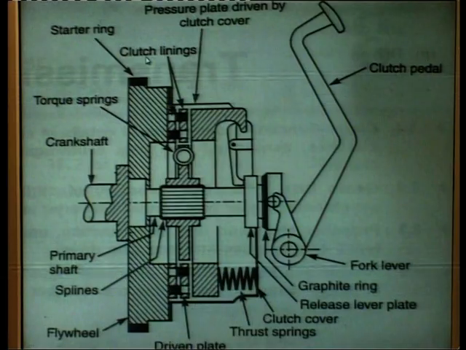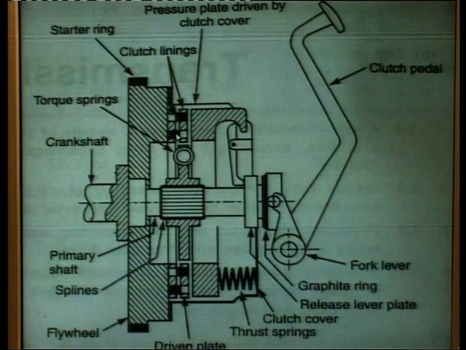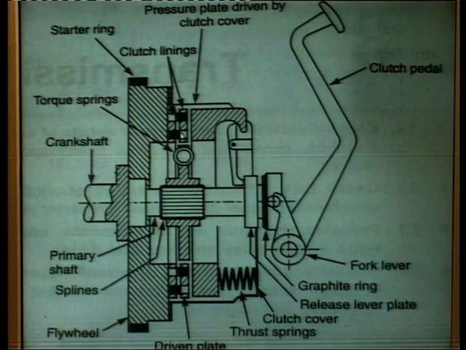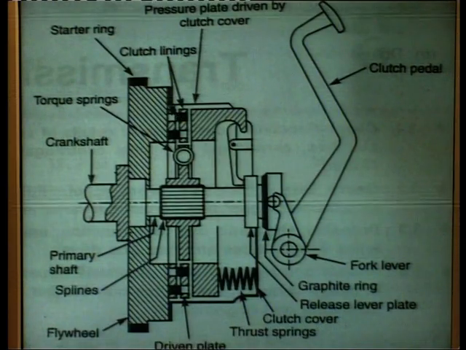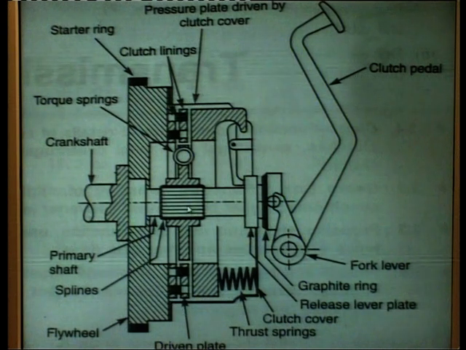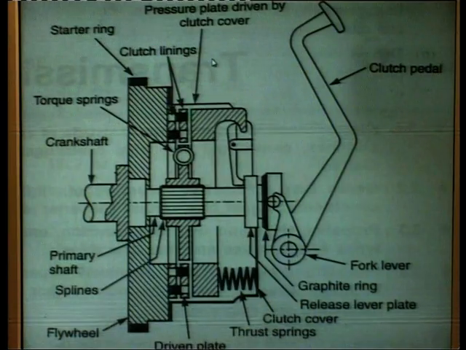Then here is the clutch lining, that is the frictional material on the clutch plate on both sides. This is the driven plate, that is the clutch plate. This is the pressure plate, driven by the clutch, which produces the pressure on the clutch plate.